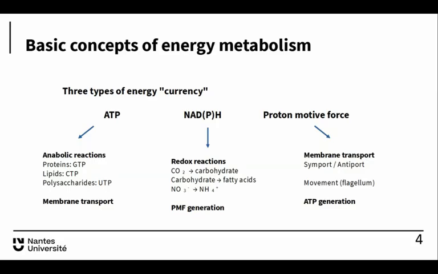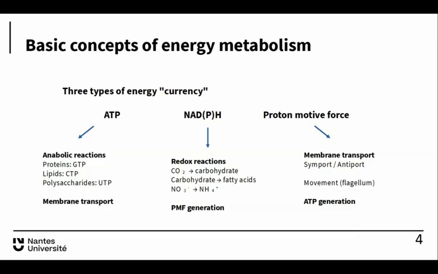Lipid synthesis, again, bacteria need to put in energy to produce these polymers. This comes from cytosine triphosphate. And polysaccharides, it's uridine triphosphate. If you remember peptidoglycan synthesis, we had UDP-NAM at the beginning of it. So all polysaccharides, oligosaccharides, they all use UTP.